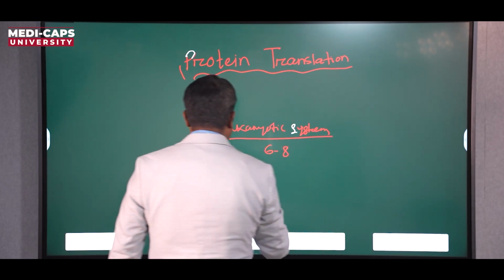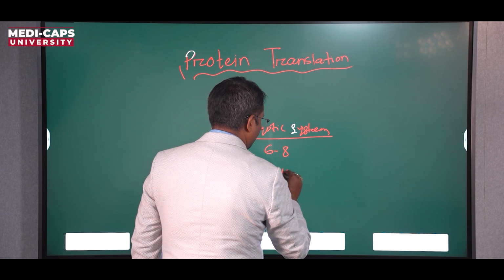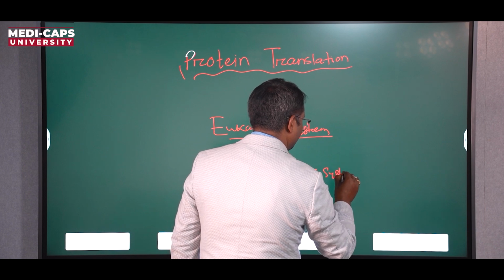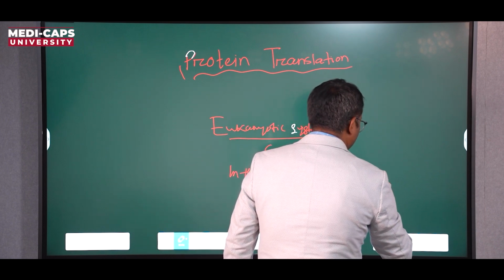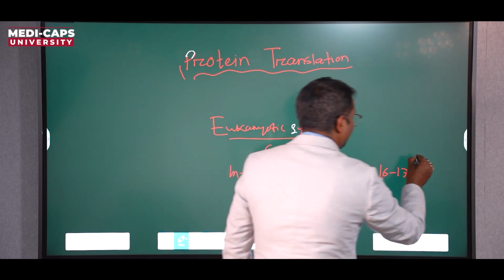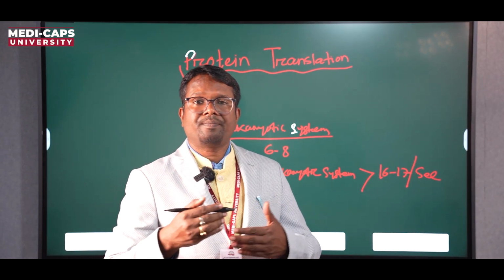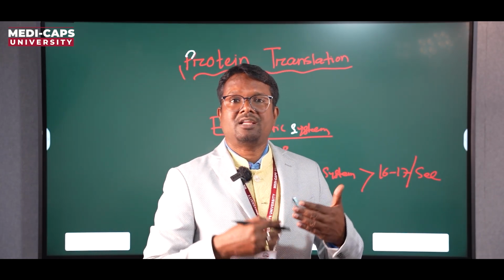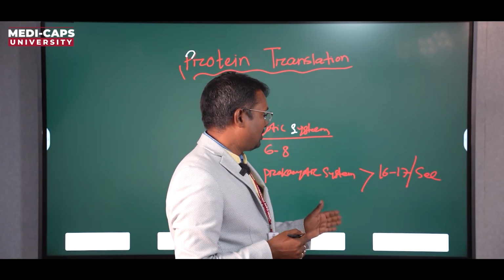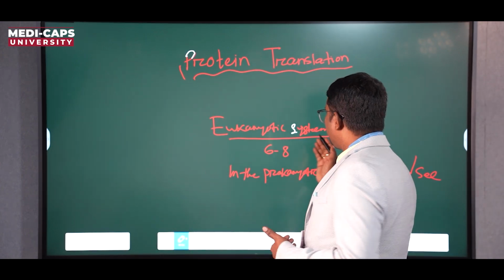But in the prokaryotic system, it will be greater than 16 to 17 amino acids per second. So in the prokaryotic system, the protein translation is quite effective and it gives a high frequency of addition of amino acids to the translating polypeptide compared to the eukaryotic system.